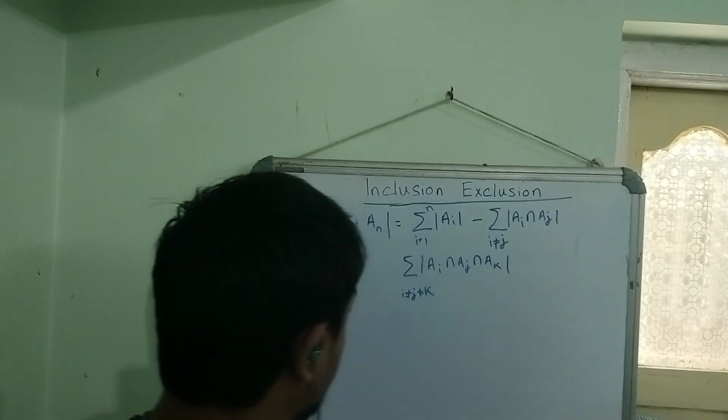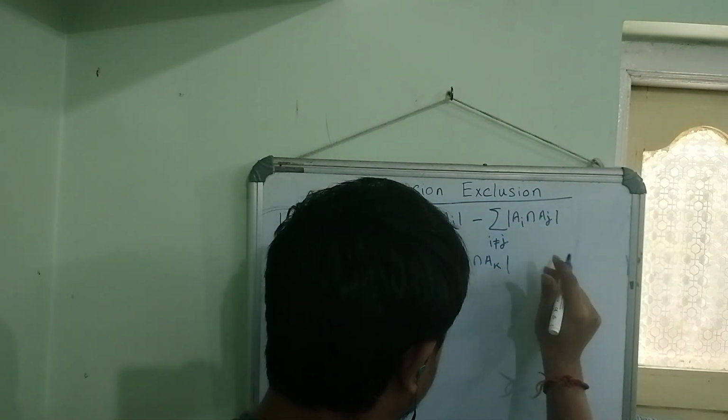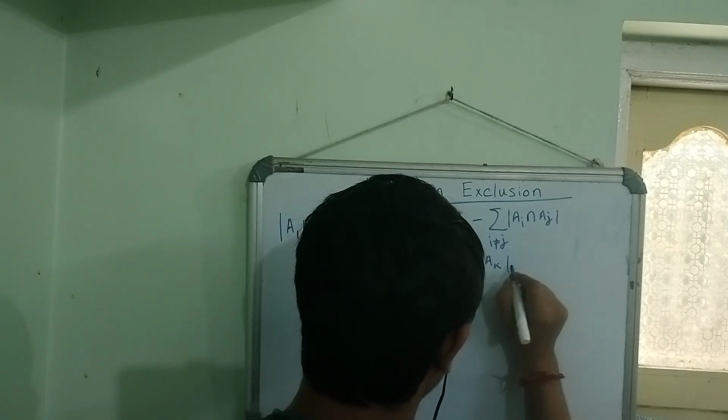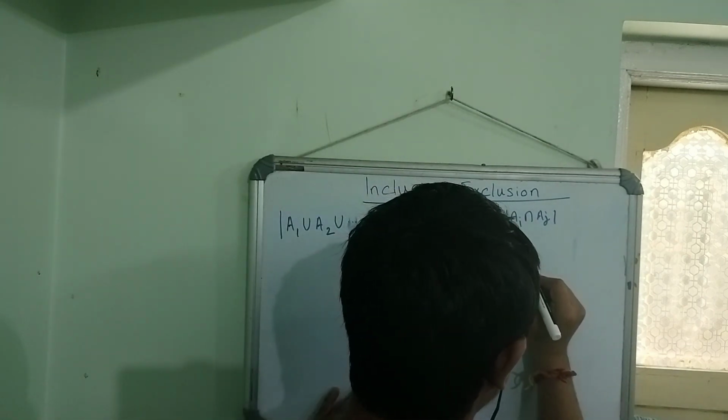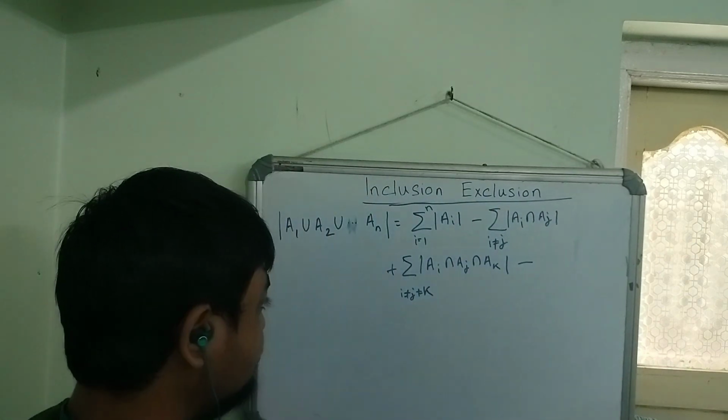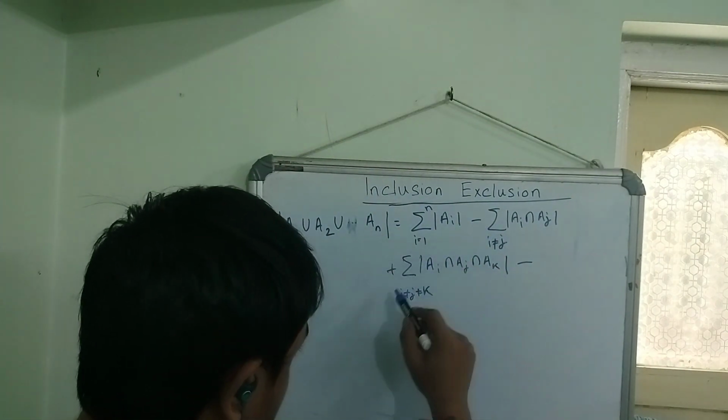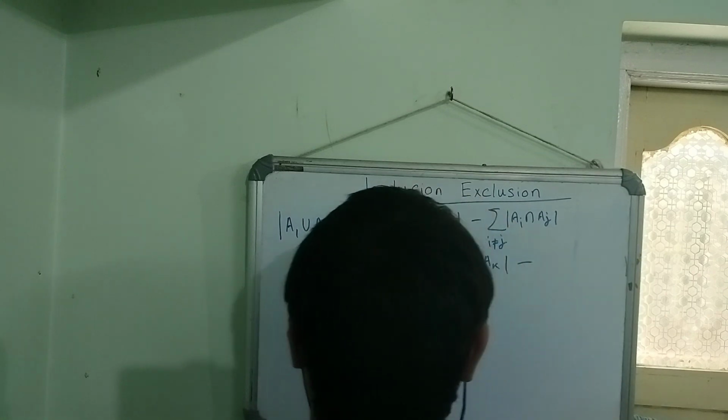Okay, like this. The next it will be taking 4 at a time. Here is a plus, there will be a minus. See, here plus, minus like this. They will be taking 4 at a time like this.